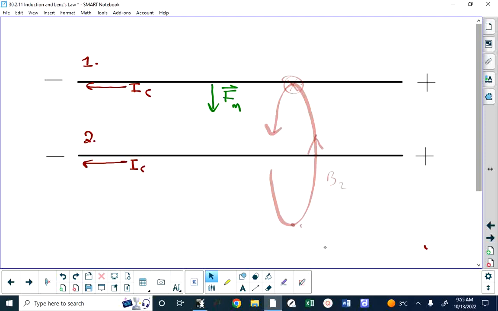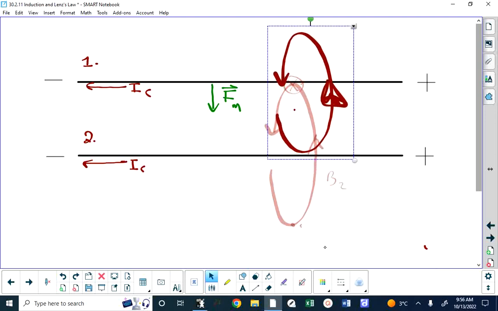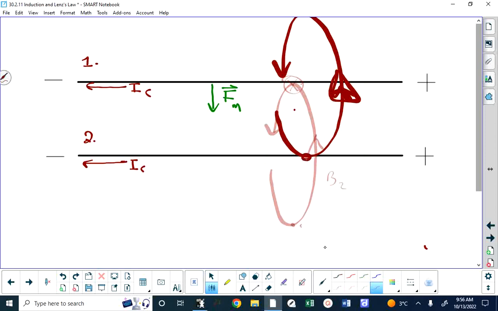It's still going to look, and I've blurred this out because I don't want to be distracted by it, we're still going to have, based on the curly right-hand rule, that magnetic field around number 1. So what is the direction of the magnetic field from wire 1 where wire 2 is? Well, it's out.